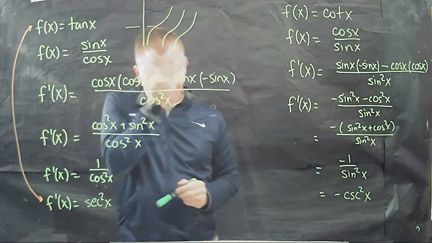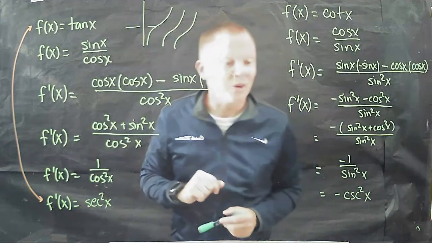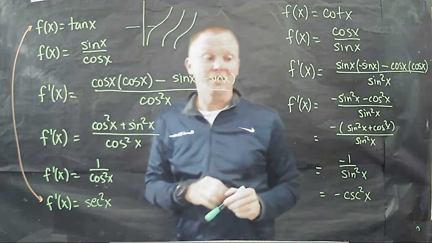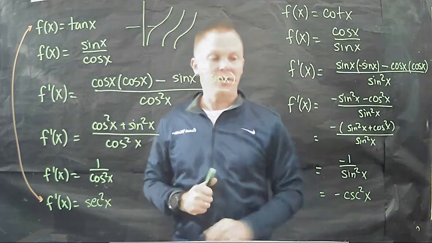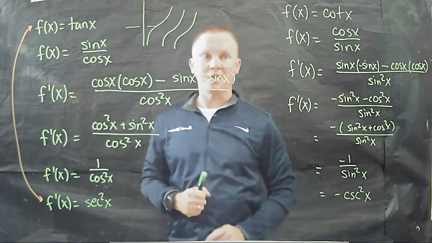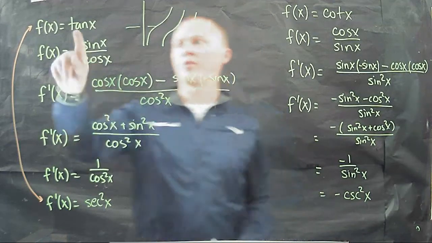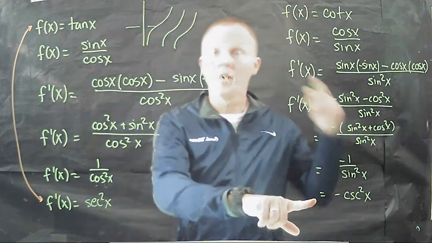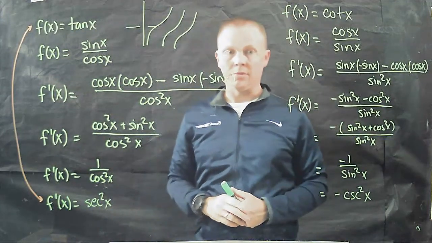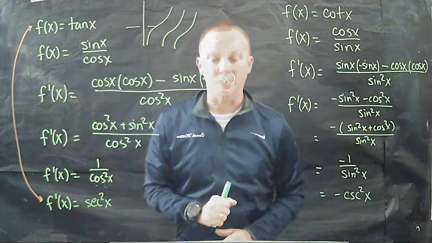Okay? And if you think about the graph of the cotangent, it's always decreasing. And guess what? The derivative would always be negative, no matter what. Because this is positive, and then you always have that negative there next to it. So now I have the derivative of tangent is secant squared. The derivative of cotangent is negative cosecant squared. Okay? I'm going to erase the board, and we're going to come up with the other two.